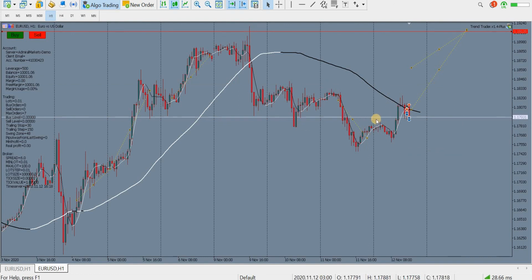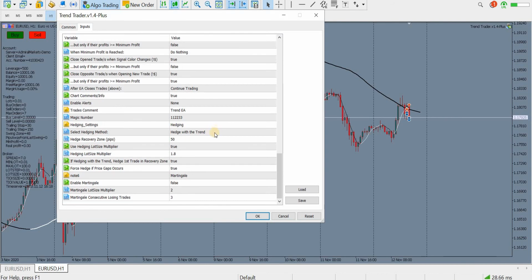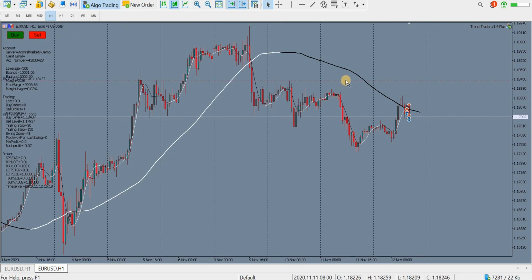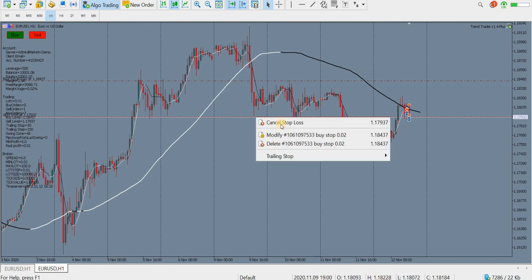When hedging with the trend, the expert advisor will not place an opposite order at a fixed distance, unless you have this: if hedging with the trend, hedge first trade in recovery zone. If this is set to true, then the expert advisor will open only one hedging order, and after that it will hedge with the trend.